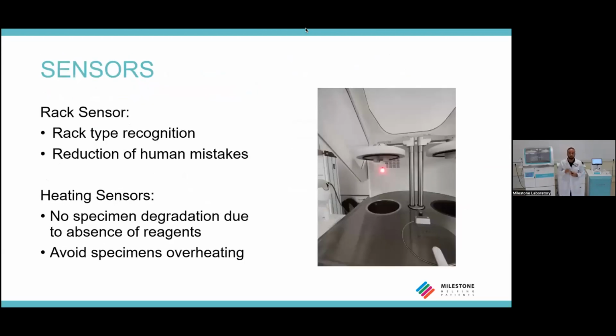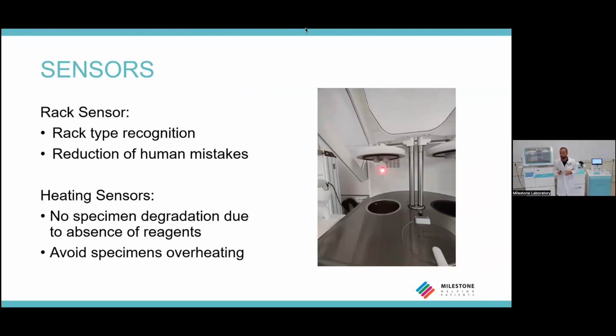In order to minimize human error, we have put a particular sensor that now I'm going to show you. You see in the picture, it's behind the working area. This sensor notices the presence of the rack and informs the operator if it's not properly loaded. As you know, operators are always busy in the lab and could make a mistake, and a mistake can occur during every step.